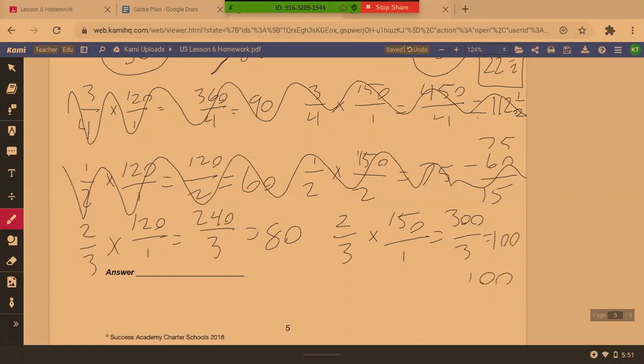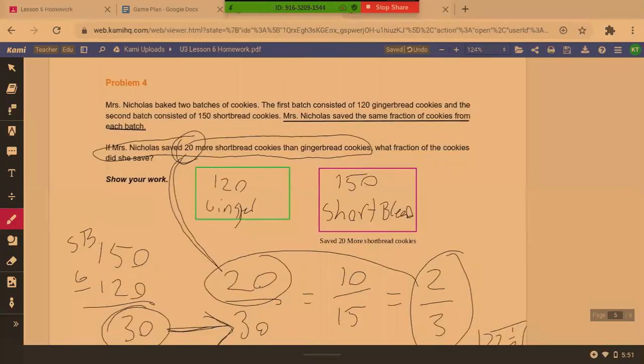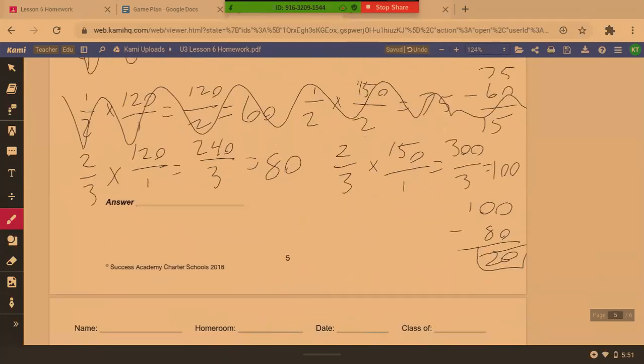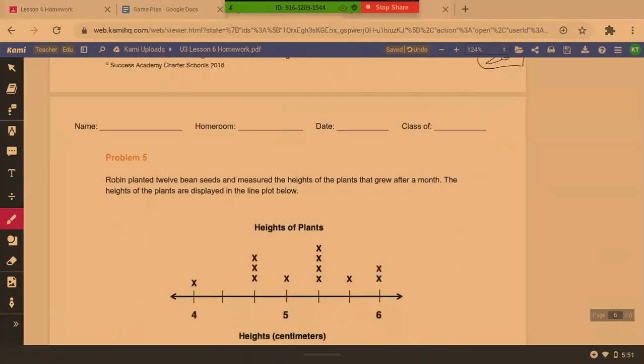And the difference between 180 is 20. That fits. Because remember, it says that we need to have 20 left over. So she saved 2/3 of each batch. That was a tough problem, but we got through it.